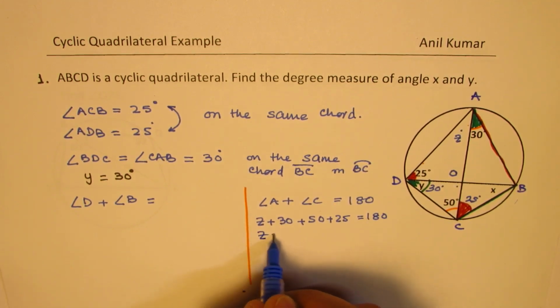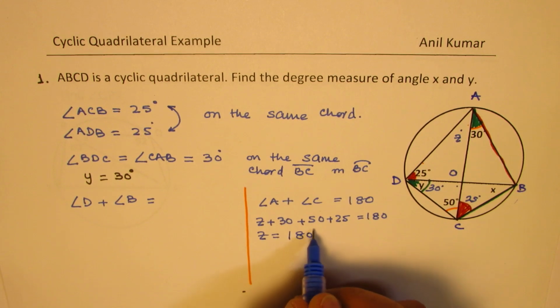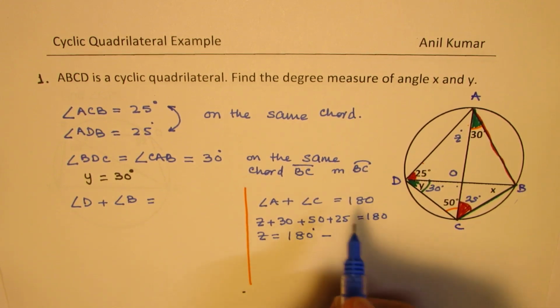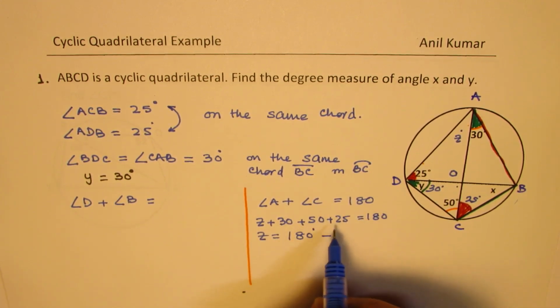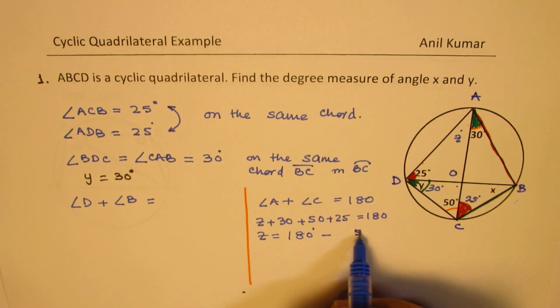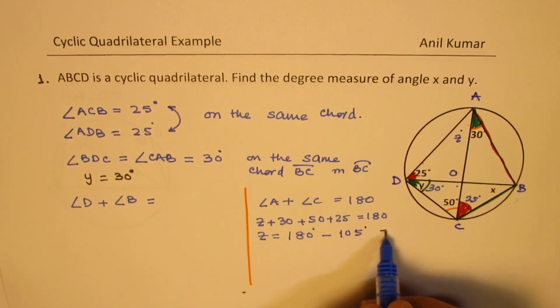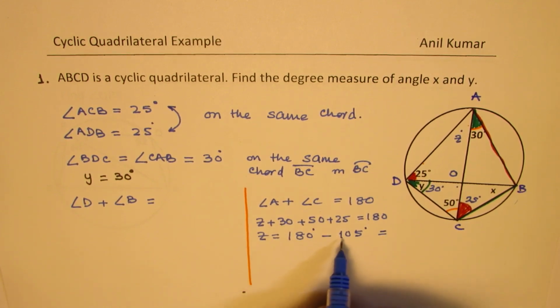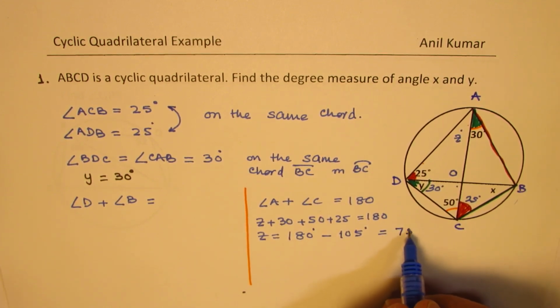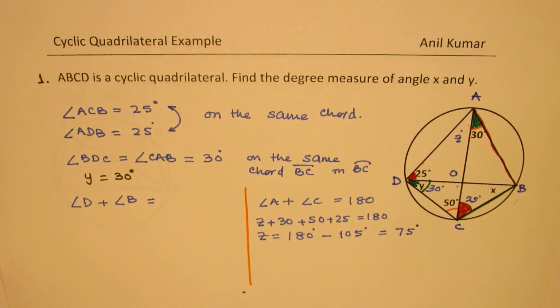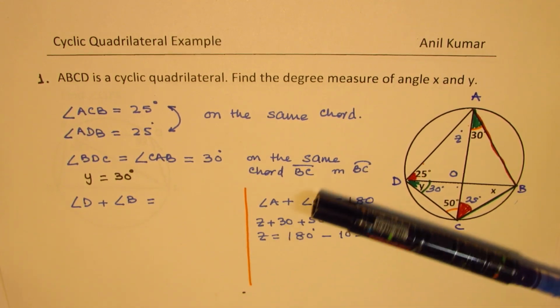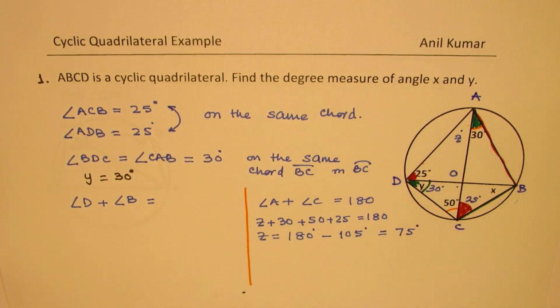So angle Z is equal to 180 degrees minus sum of all this, so which becomes 5 and 7 and 3, 10, 105 degrees, correct? So that gives us 180 minus this as 75 degrees. So angle Z here will be 75 degrees.